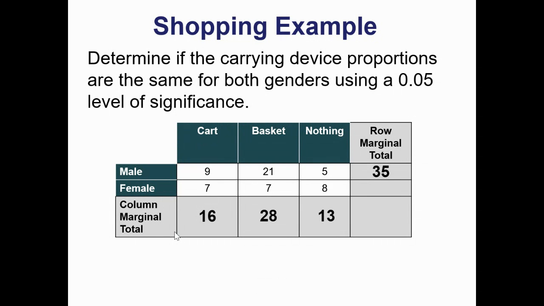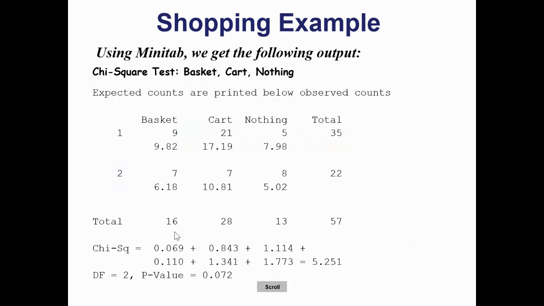Yep. And then 7 plus 7 plus 8. If we combine those together, what do we get? 57. Which I have to laugh. I ask you all this, but then if you look right below, they're all printed there. So instead of having y'all calculate everything, I gave y'all the Minitab output.